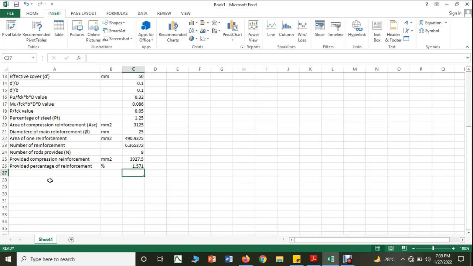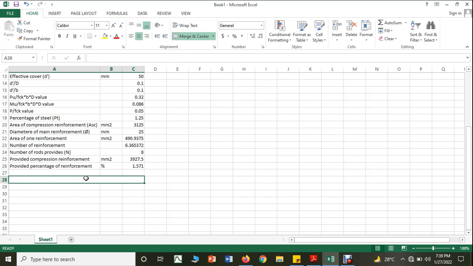So therefore I can make one tabular column for the calculation of Mux1.